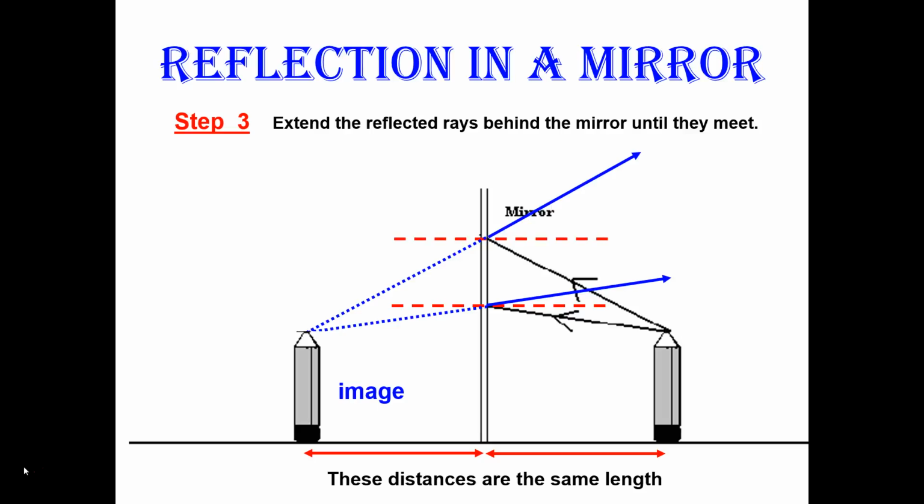And if you approach the mirror, so does your image. All right? The distances are the same length. And by studying these reflected rays extended behind the mirror, we can see why those distances come out to be the same length, all obeying the law of reflection. We'll talk about this again when we see each other in class tomorrow.